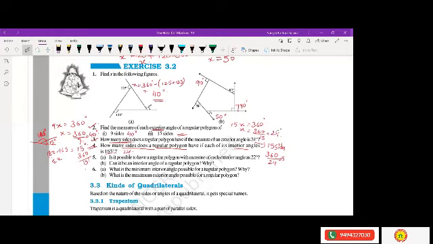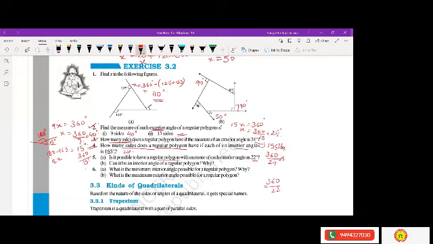Now see the next one, question number 5. Part A: is it possible to have a regular polygon with the measure of each exterior angle 22 degrees? Suppose the exterior angle is 22. Then how many angles will we have in total? 360 by 22. This is what we will do.